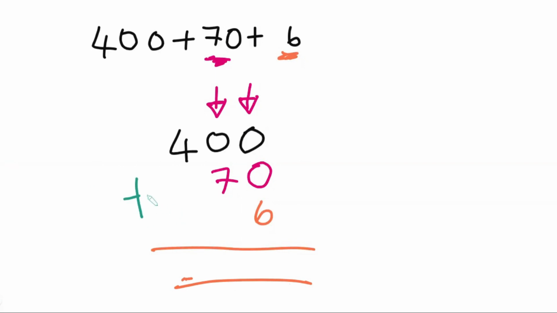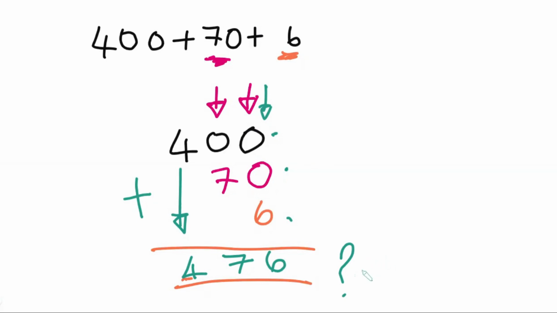Now remember, we pop our addition sign there to remind us that we are adding, we're not subtracting or dividing. So here we go, let's start with this column. We always start with the column on the right. So 0 plus 0 plus 6, nice and simple, equals 6. 0 plus 7 is 7, and 4, bring it all the way down, is 4.